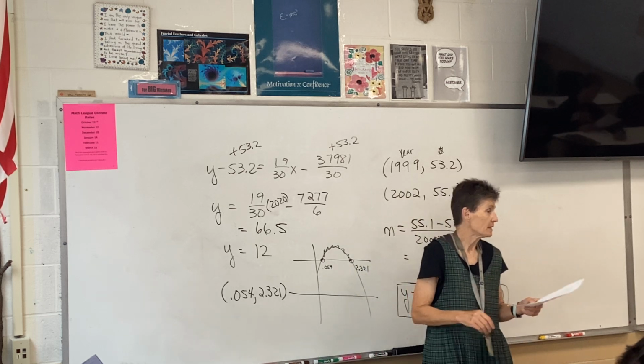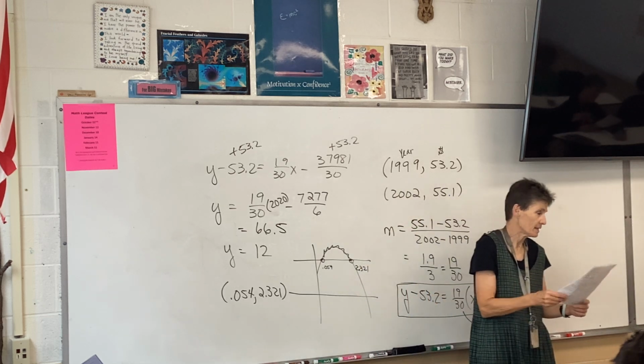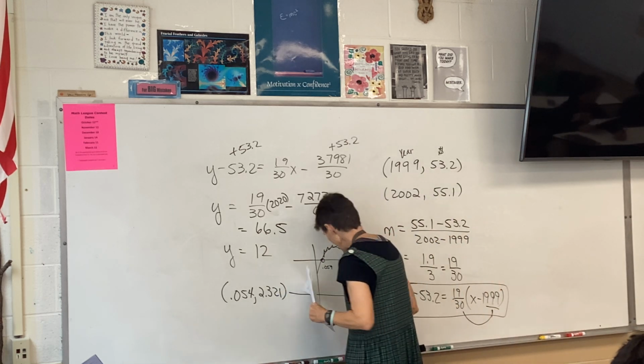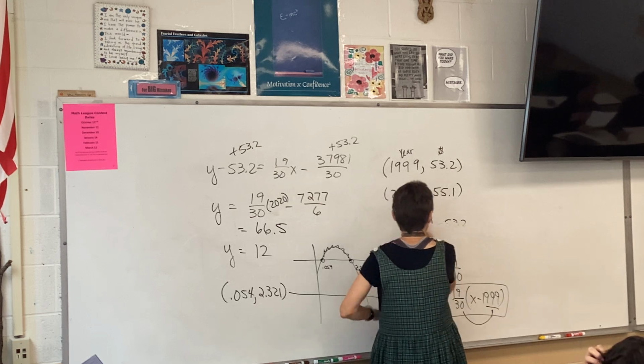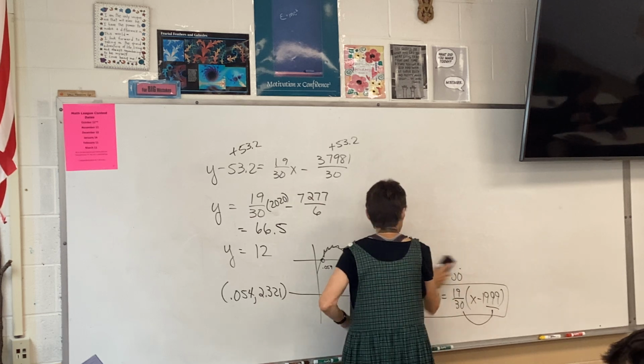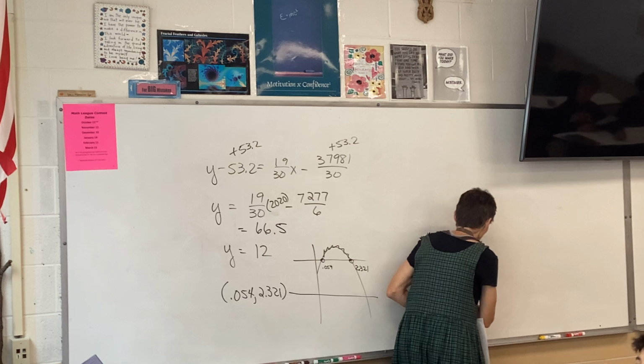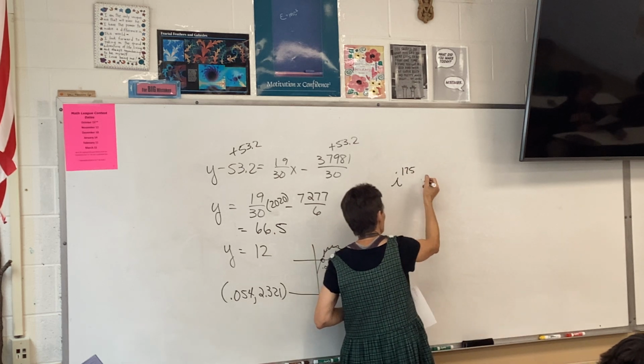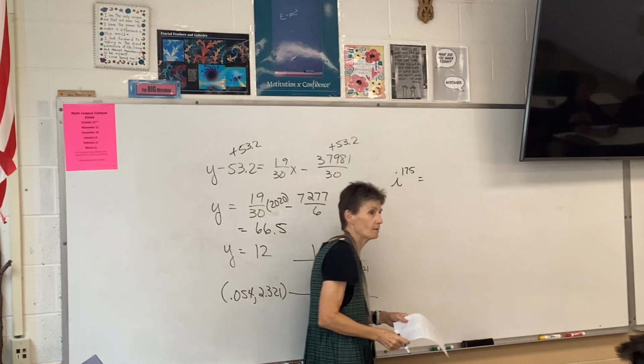So on the other review, the non-focused review, we're simplifying i to the 175th power. Who remembers, we did one of these yesterday, or some other day. Who remembers our strategy here?